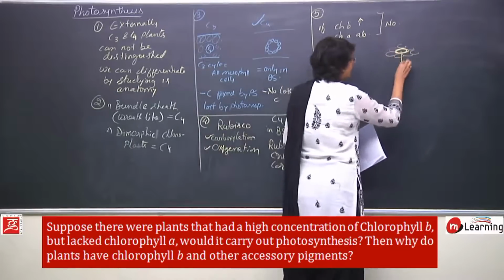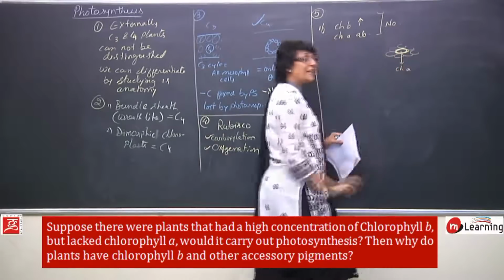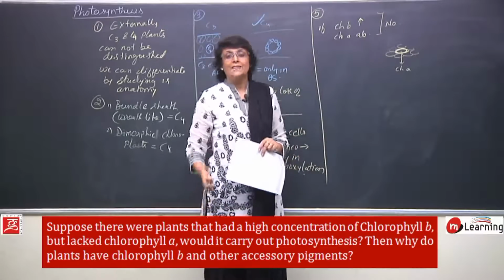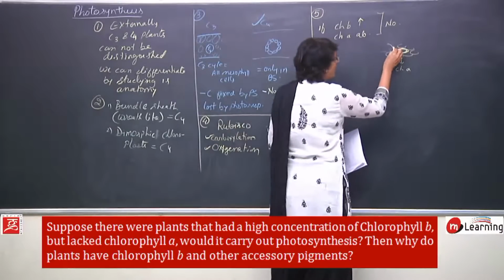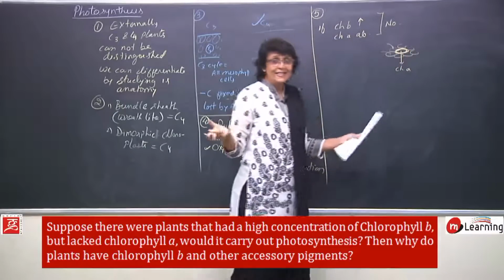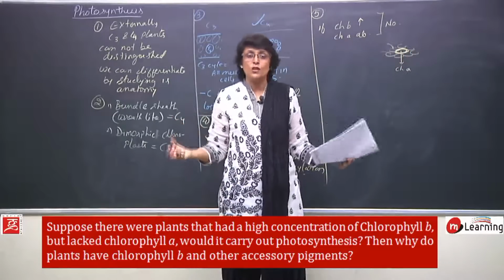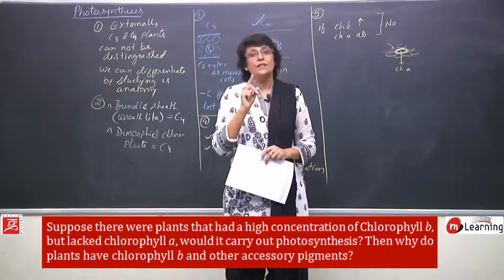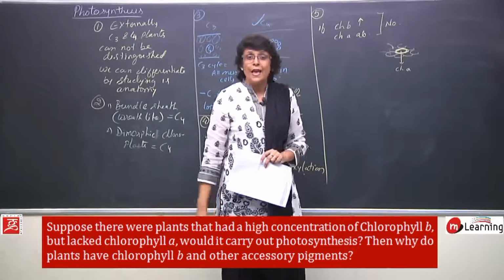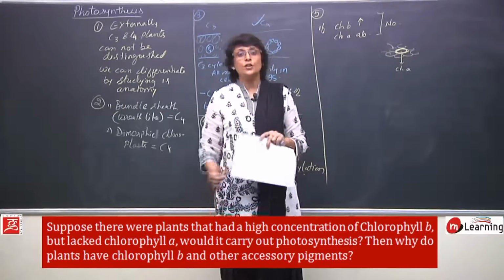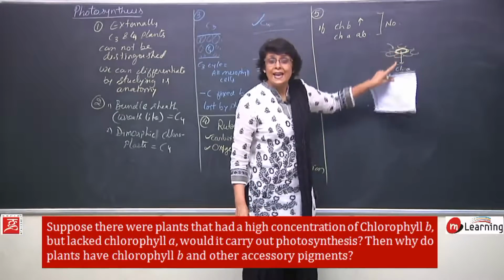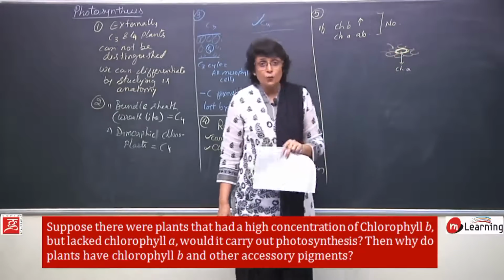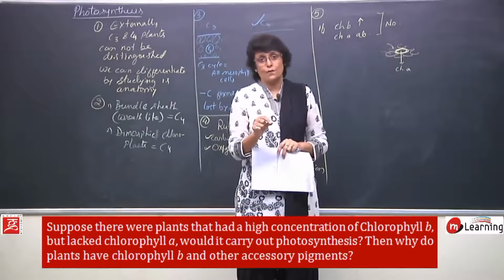This reaction center chlorophyll is always chlorophyll A, and when light falls on all these pigment molecules, they collect this light energy or photons and transfer it to the reaction center chlorophyll. And the electrons which get excited come from chlorophyll A. So, the reaction of photosynthesis will start from chlorophyll A.